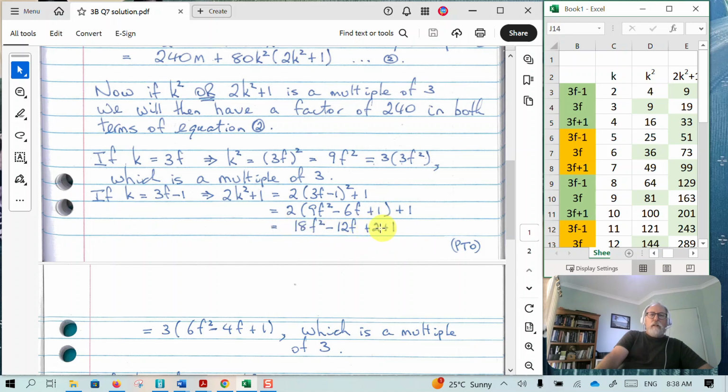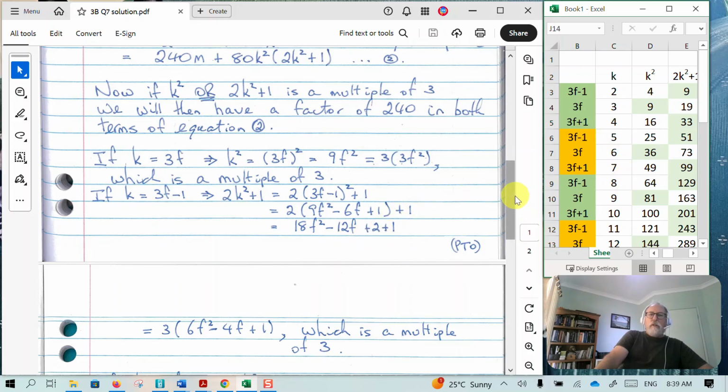Notice here that 2 plus 1 would be a 3, which means I can factor a 3, and this expression, 2k squared plus 1, is definitely a multiple of 3 if k is 1 less than a multiple of 3, like if k is 2, or if k is 5, or if k is 8.